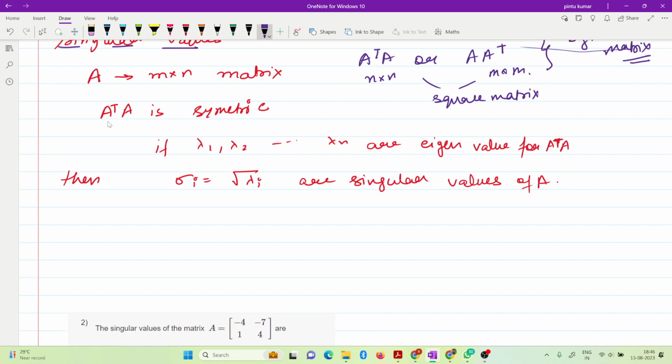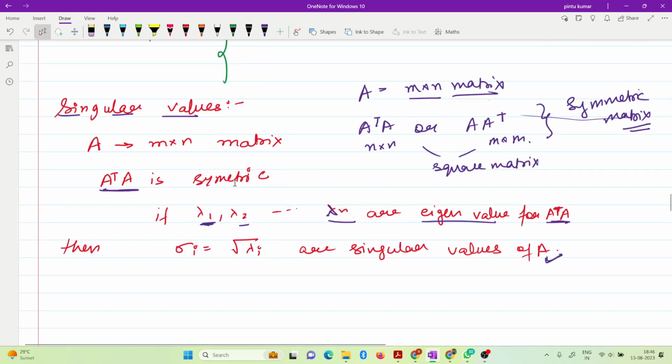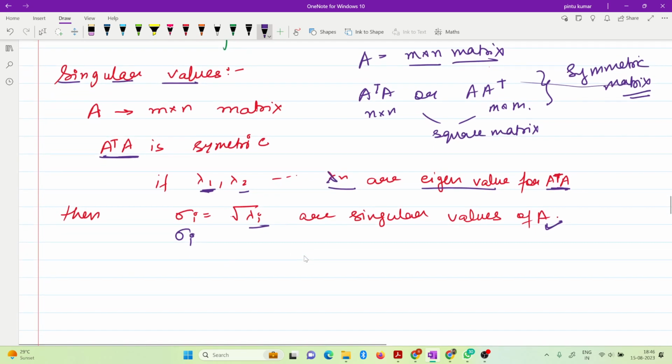Let's say you obtain the matrix A transpose A, and lambda 1, lambda 2, up to lambda n are eigenvalues of A transpose A. Then the square roots of these eigenvalues, represented by these sigma i's, are called the singular values of your matrix A. This is a very simple definition.